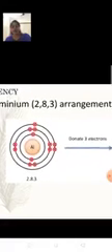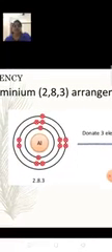Aluminium. Now in aluminium the arrangement is 2, 8, 3. It means the inner shell contains 2 electrons, the next shell contains 8 electrons and the outermost shell contains 3 electrons. Correct? So for stability it should have 8 electrons. So what will it do?